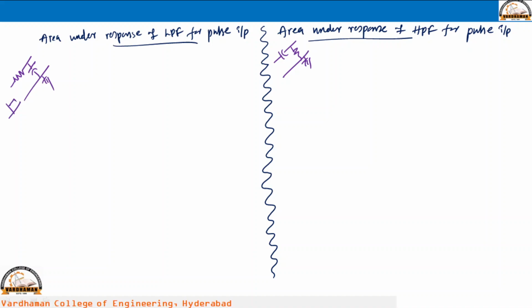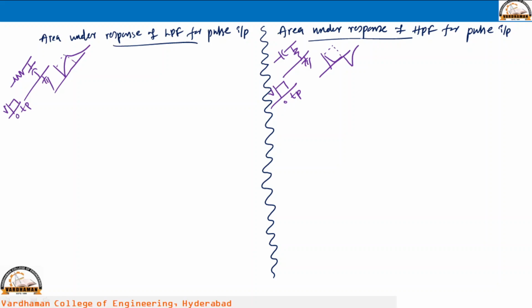Here pulse input we are giving, which is having V volts from 0 to Tp, and output voltage also we know. In case of low pass filter, it is increasing and then decreasing, and in case of high pass filter, decreasing to 0 and then increasing like this.